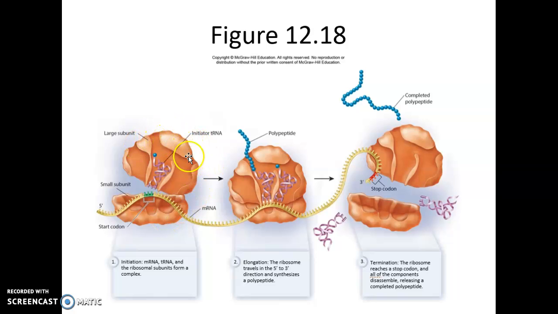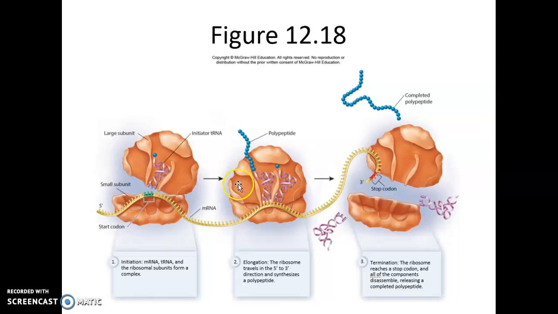Also knowing here that it's made up of many different proteins and also rRNA, called ribosomal RNA. There are 3 parts to this ribosome. And what you can see is that the ribosome is going to hold or sandwich the mRNA.